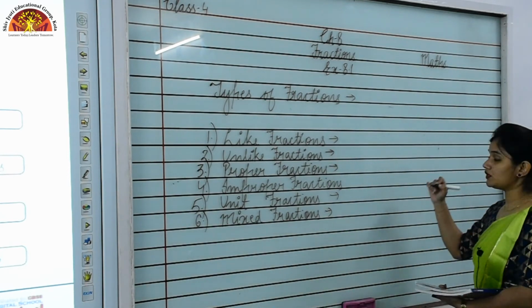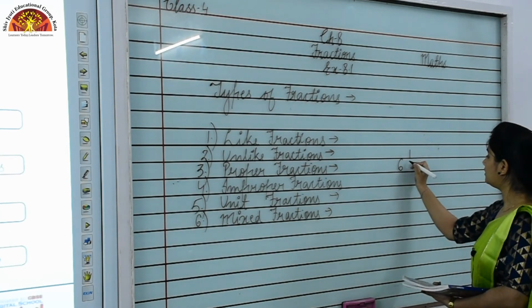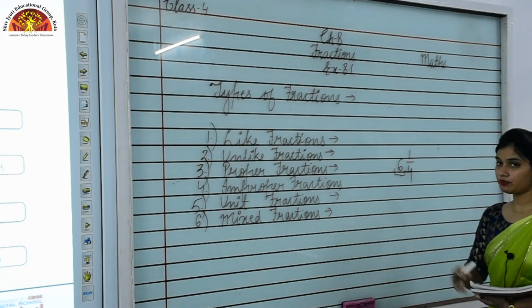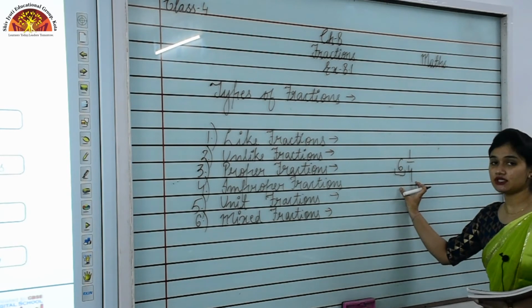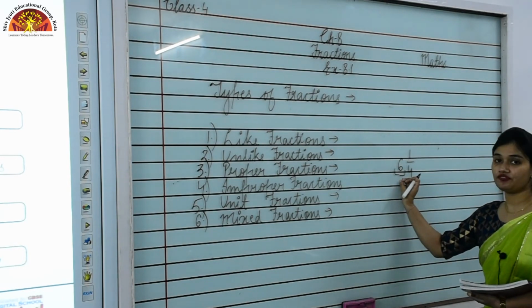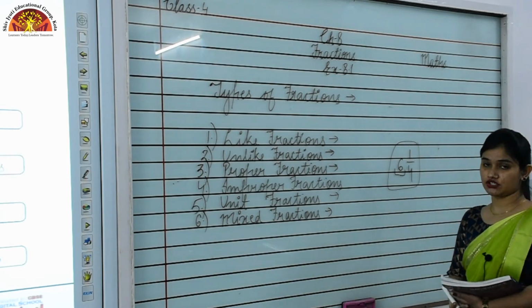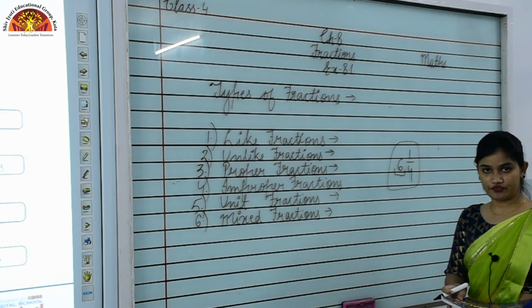The fractions which are made up of a whole number and a proper fraction. You can see 6 is a whole number and 1 upon 4 is a fraction. If a fraction is made up of a whole and a fraction, then this will be a mixed fraction. Okay students, so here we have seen types of fractions.